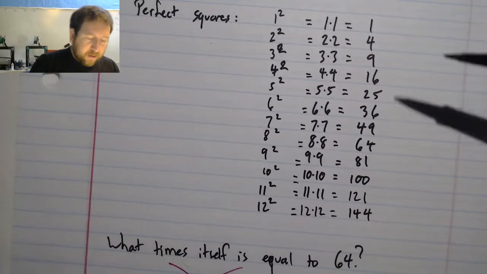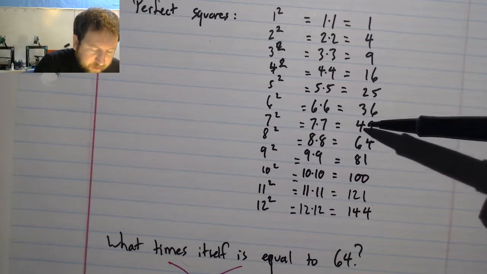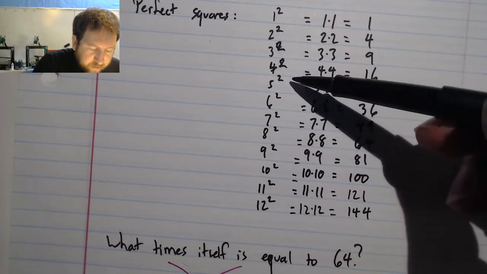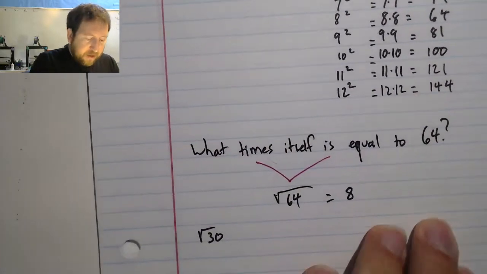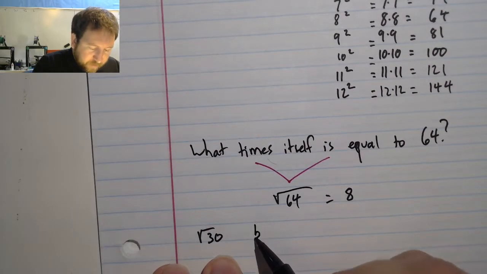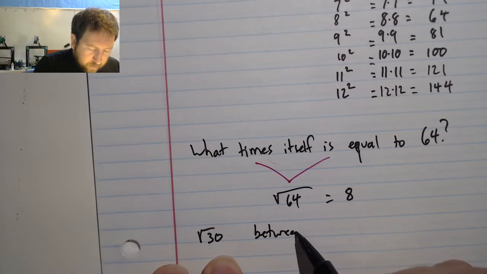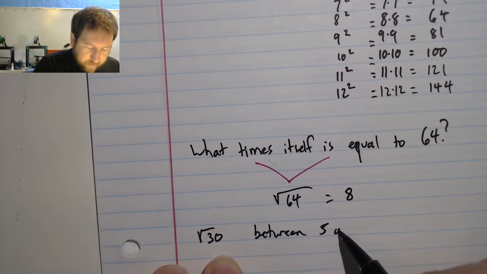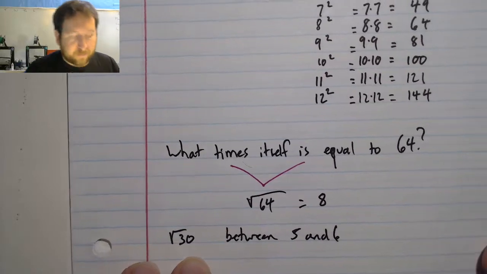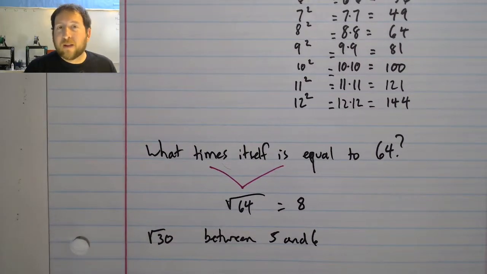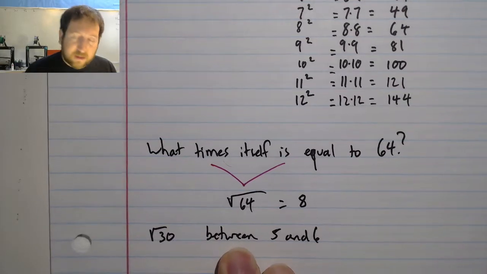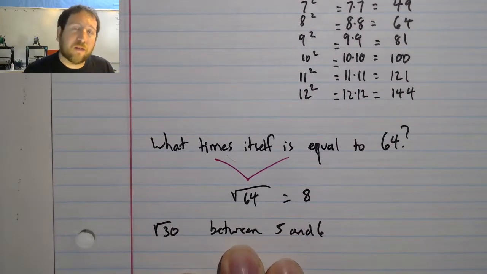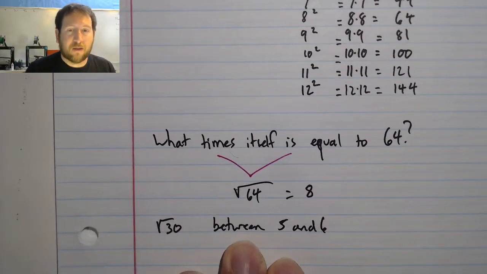Well, I can look up on my little chart. The square root of 30 is bigger than 5, but less than 6. And I can say that the square root is going to be between 5 and 6. Later we'll be able to find the decimals of these, but it is very time-consuming and difficult. So at this point, all I want to know is what are the two numbers that it's between.